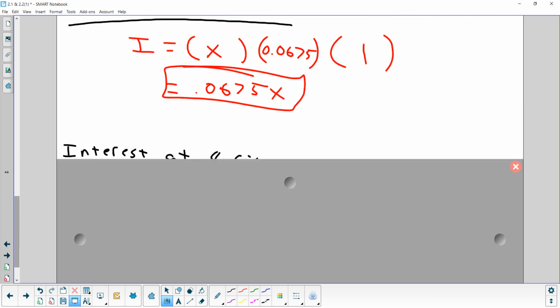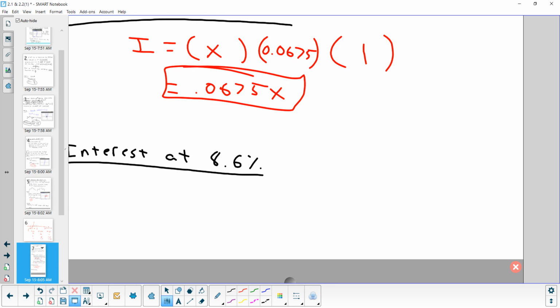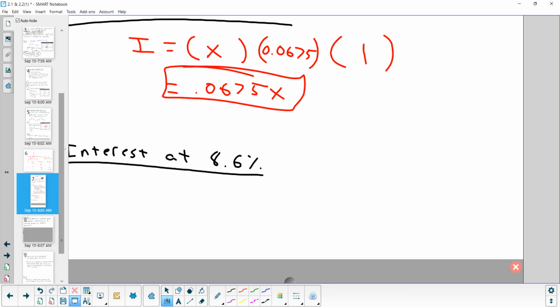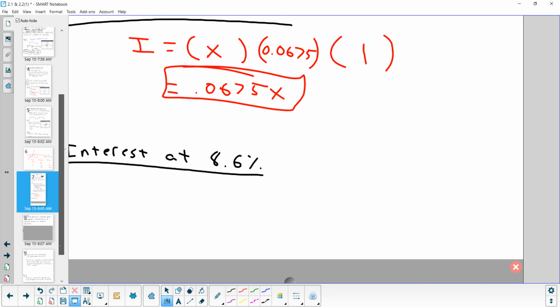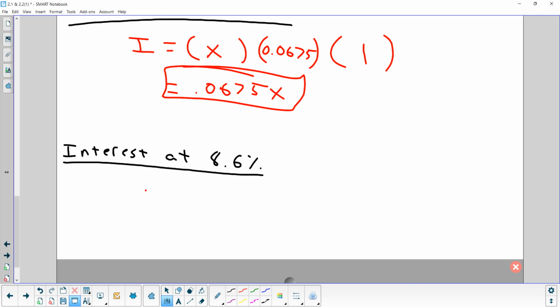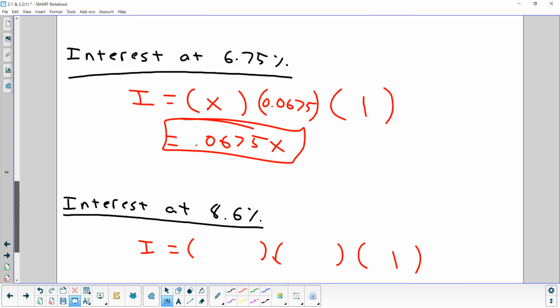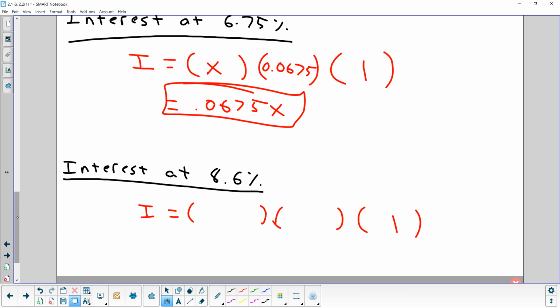Now, let's do the interest at 8.6%. Again, principal times rate times time. Well, the time is 1 year again, so I'll fill that in. What's the principal this time? How much money is Bill investing at 8.6%? We have to take into account what he already did.